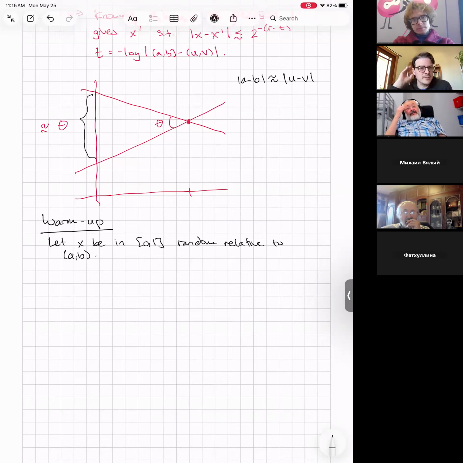Martin-Löf random, whatever you'd like. I just need the dimension of x to be 1 relative to A and B. And what do we assume about the dimension of the line? For now, nothing. For now, it can be anything between 0 and 2.